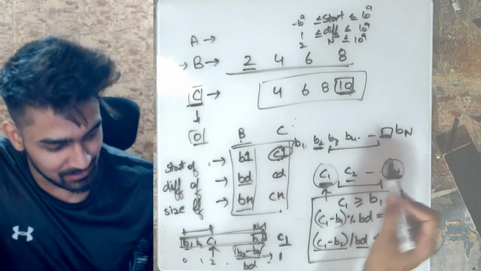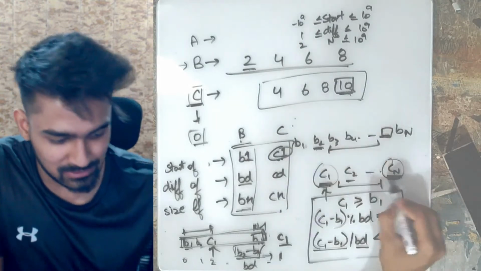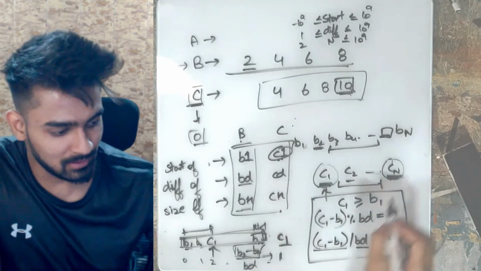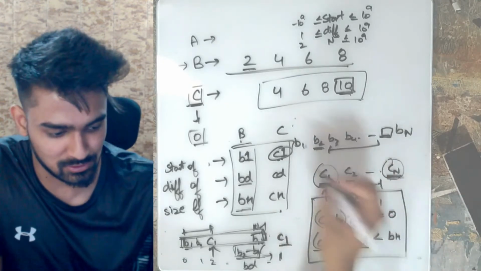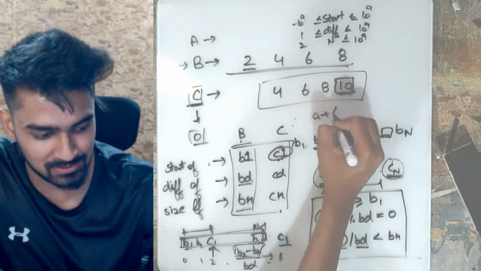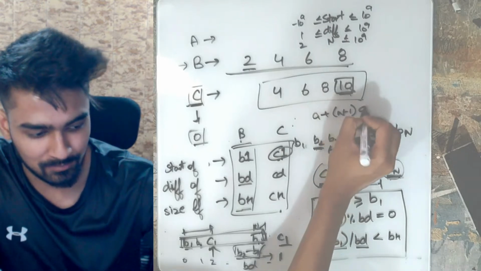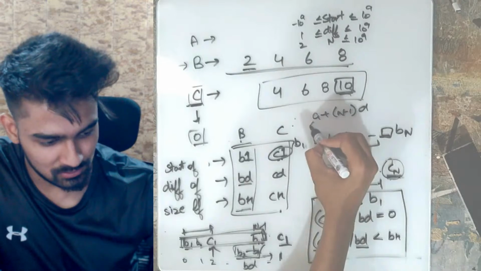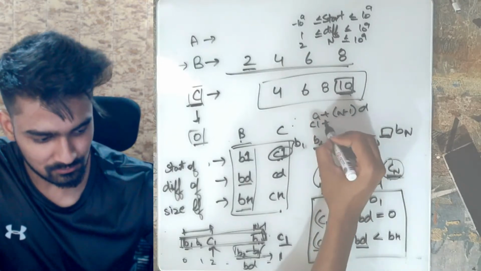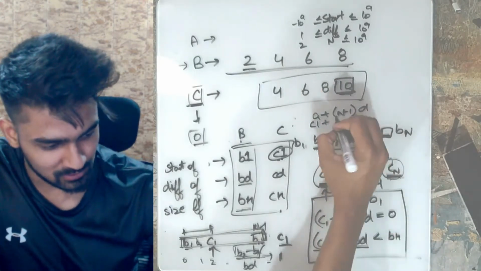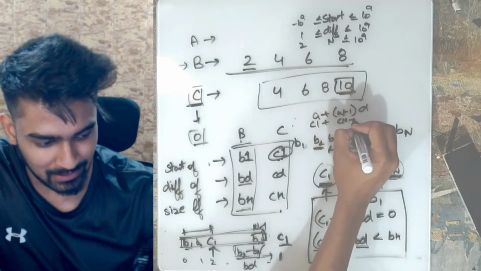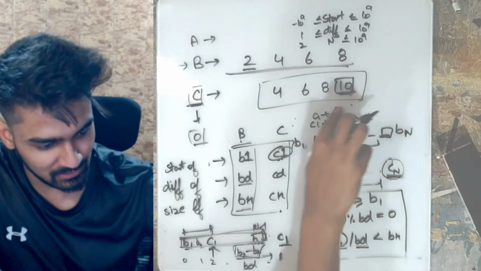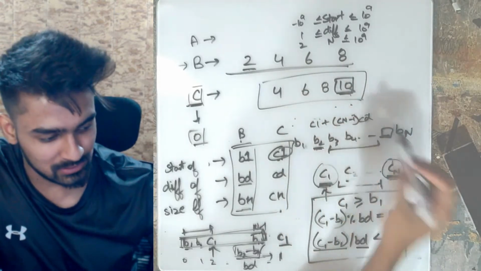Okay, so you did the same thing for C1 and then you did the same thing for Cn. But to do this for Cn, you actually need to find Cn. And the last element of an AP is written as a plus (n minus 1) into d. A for C is C1. N for C is Cn. (n minus 1) into d is Cd. So essentially, C1 plus (Cn minus 1) into Cd will be Cn.